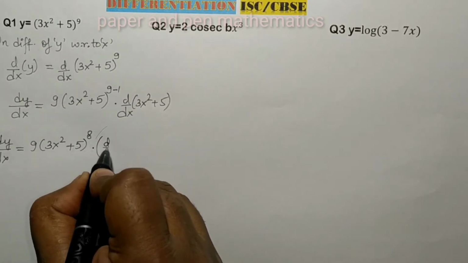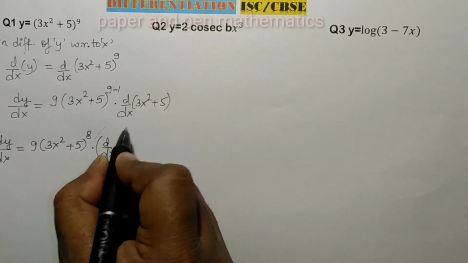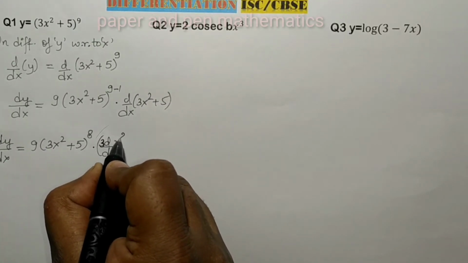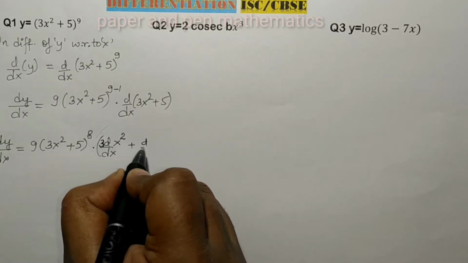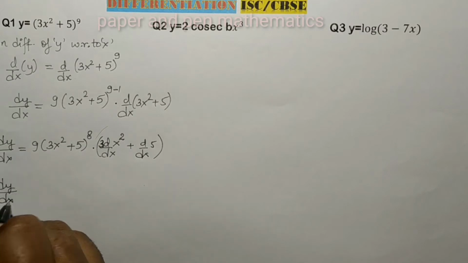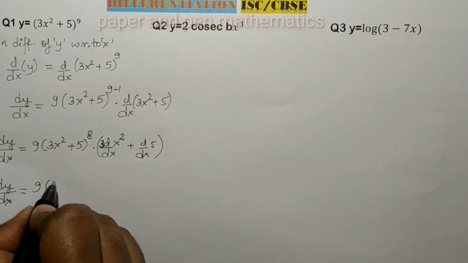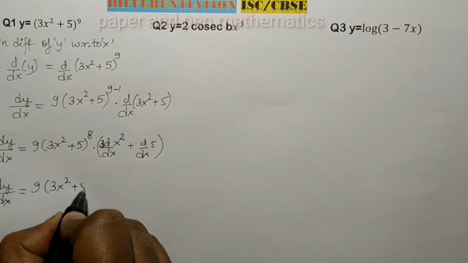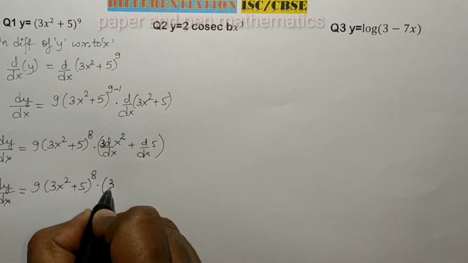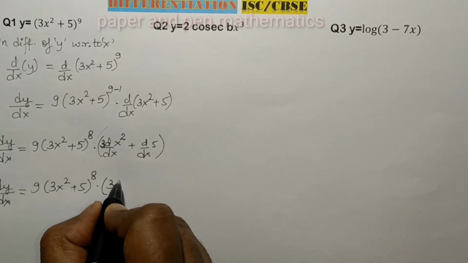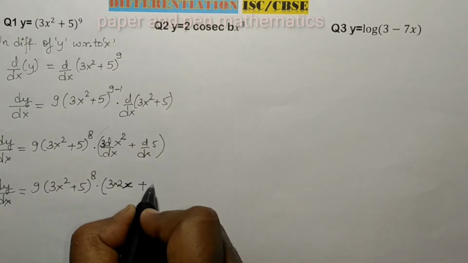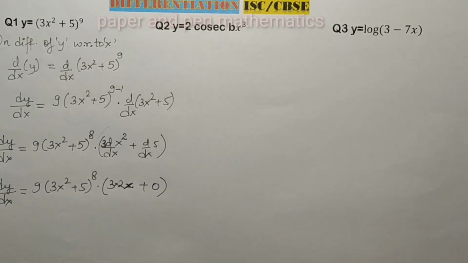Then differentiation of 3x square: 3 is a number, so 3 will come out, that is a constant, and differentiation of x square plus d by dx of 5. So d by dx is equal to 9 times 3x square plus 5 whole raised to the power of 8, times 3, differentiation of x square will be 2x, plus differentiation of any constant and any number is 0.